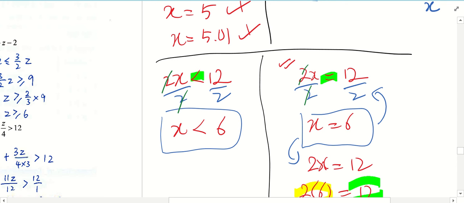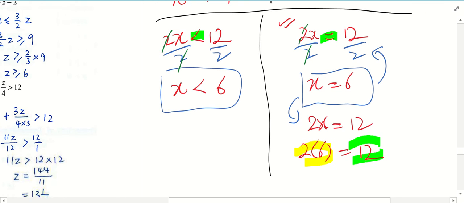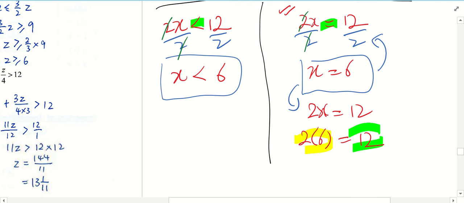Now recall, what does it mean by x smaller than 6? That means any number that is smaller than 6 would satisfy this inequality. For instance, let me choose x equals 1, just an example. X equals 1 is indeed smaller than 6.